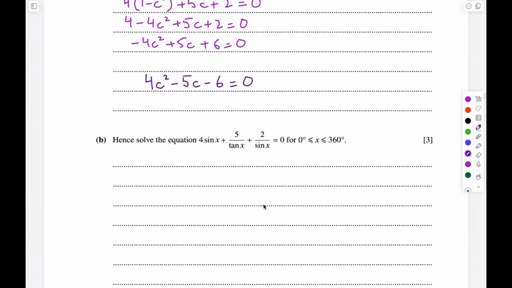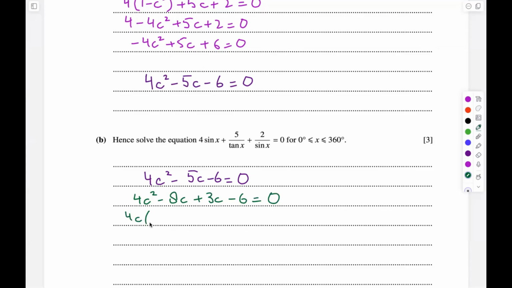In part B, it says, hence solve the equation 4 sin x plus 5 upon tan x plus 2 upon sin x equals 0 for 0 to 360. So in the first step, we already have converted this to cos form, which is 4 cos squared minus 5 cos minus 6 equals 0. Applying middle term breaking, we have to get minus 24 and minus 5. So we'll use minus 8 cos plus 3 cos minus 6 equals 0.